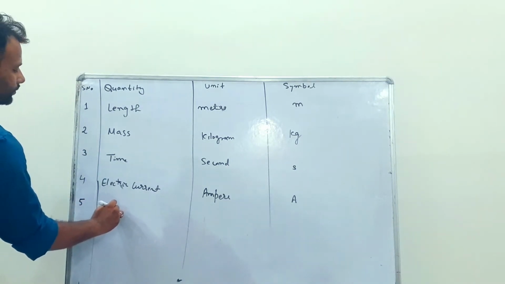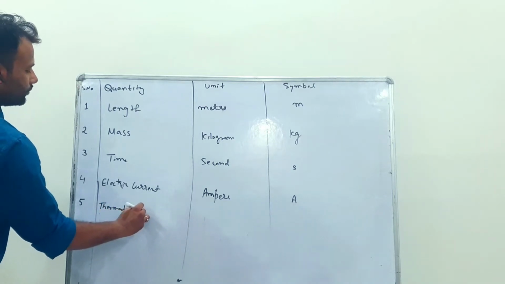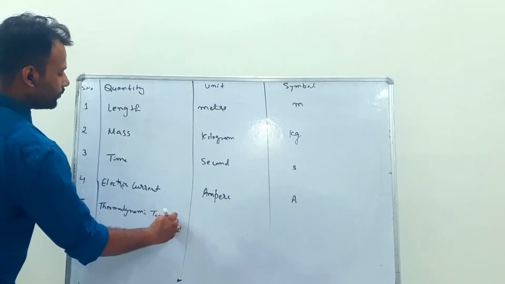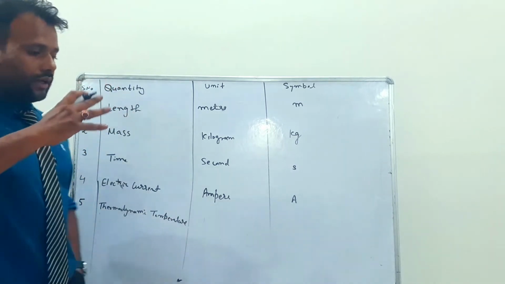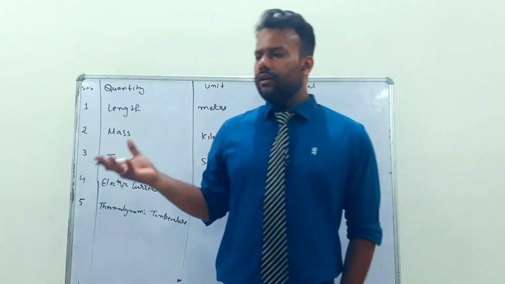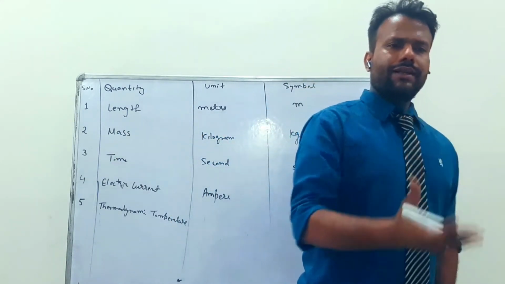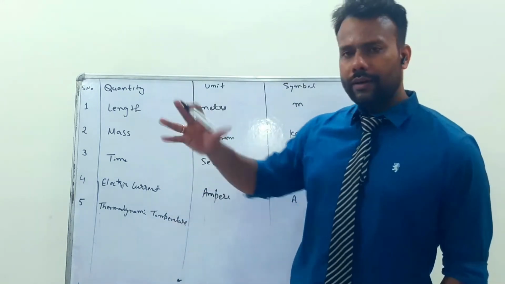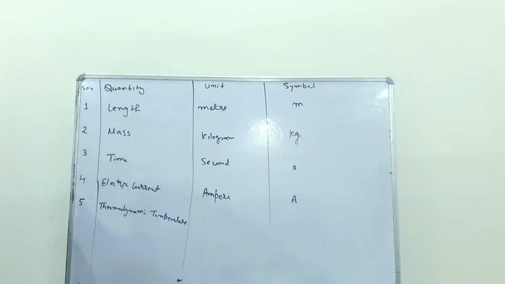Fifth, thermodynamic temperature. Now this is not any other temperature. This is the simple temperature that we measure in day-to-day life, like the temperature of the city, temperature of the body, temperature of the water. It is the same temperature. So don't get confused with the term thermodynamics, right?